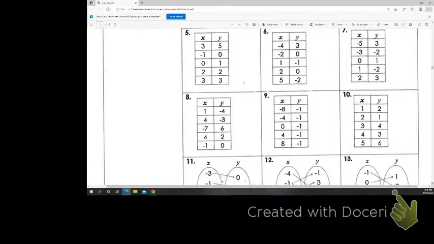Same thing with the tables. I'm just going to glance down the x column. If everything in the x column is different, yes. I'm looking down the x column. I see something that's the same, no. It does not matter even if all of the y's are the same.